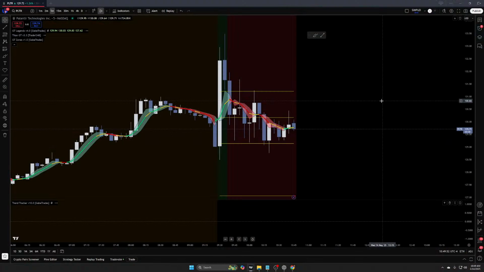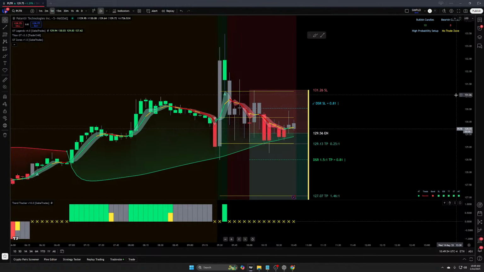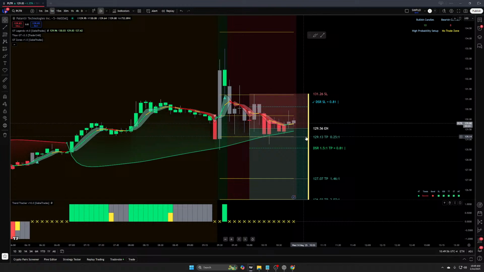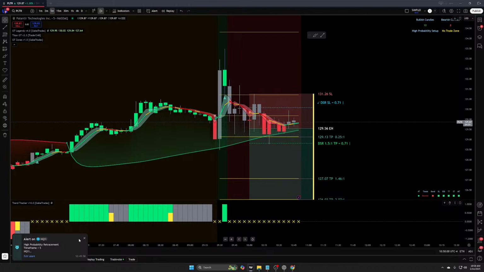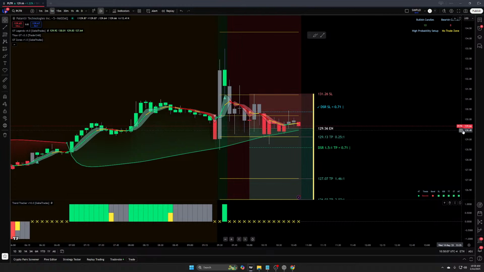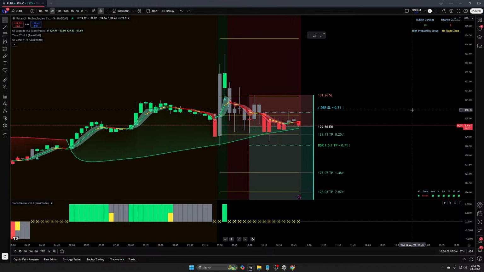PLTR. Right now is an intraday trade. Again, just consolidating with the broader markets here. That's what's happening here.